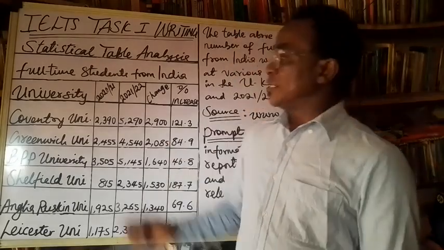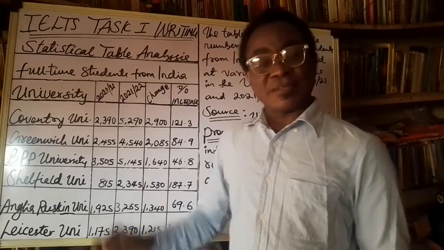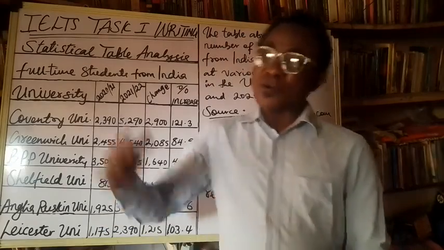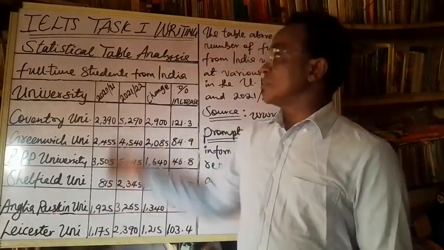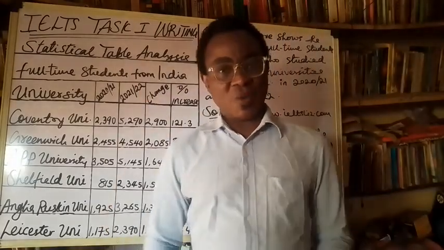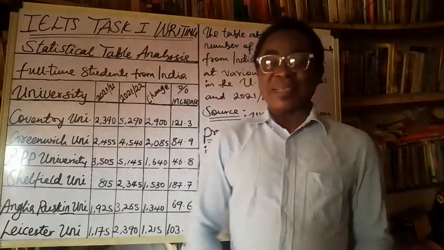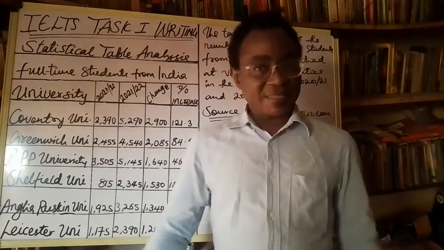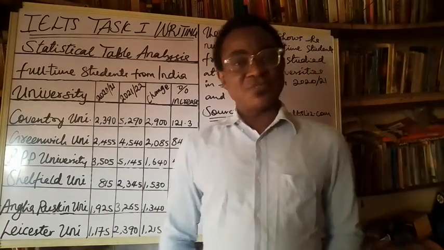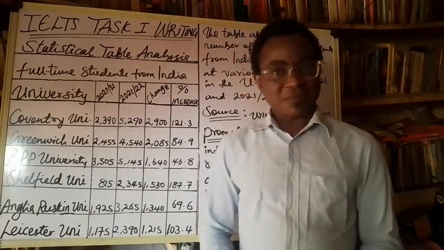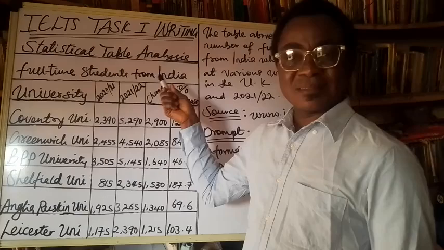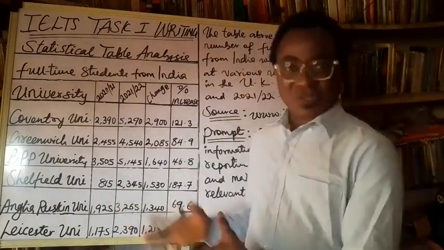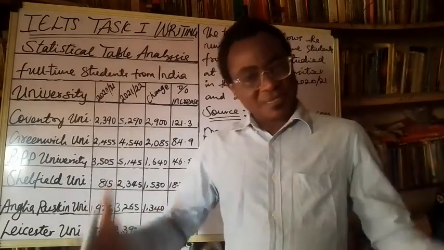You are to tackle that question in 20 minutes, possibly leaving you with 40 minutes to tackle Task 2, which is on essay writing, because essay writing is more difficult. You have to generate your own ideas, do this brainstorming within 40 minutes, and present your essay in an orderly manner. But with Task 1, the model is already presented. Your task is to study it and then present your report in writing.